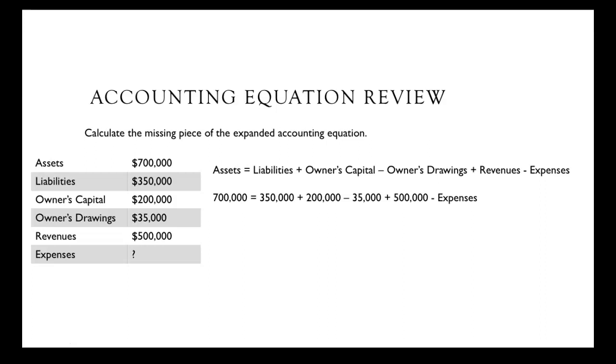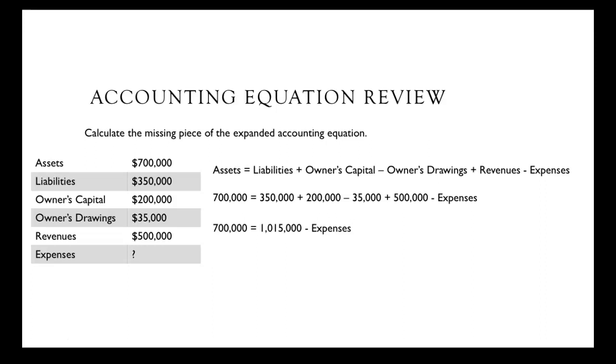Because we're just looking to solve for our expenses. So if we simplify the right side of the equation, liabilities plus capital minus drawings plus revenues, we'll see that those four numbers come out to be $1,015,000.